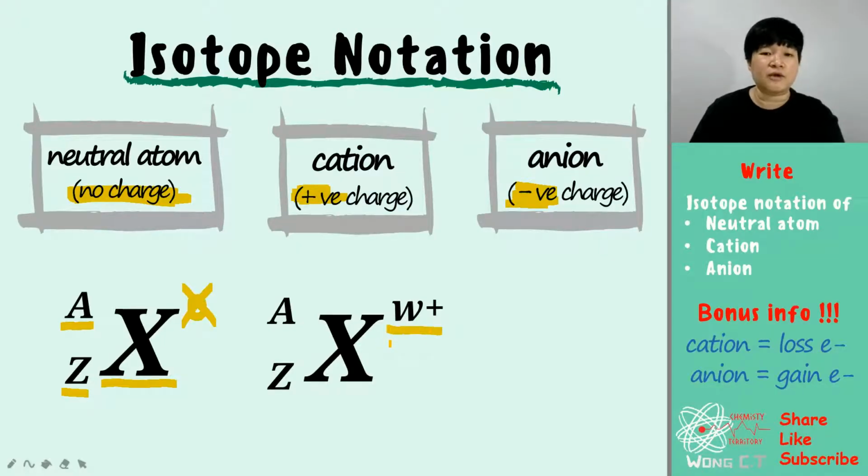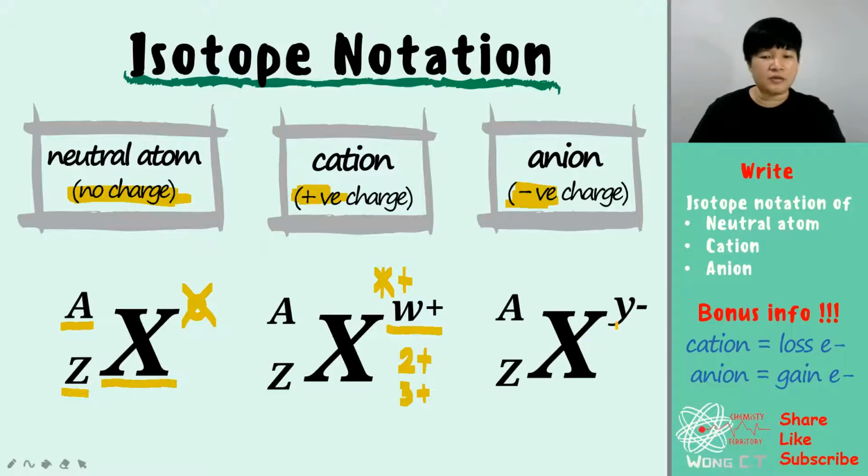The way that we write the charge is the number comes first before the sign, meaning you'll be writing 2 positive, 3 positive. How about 1 positive? If it's 1 positive, then we only write the positive sign. We don't need to write the 1. Let go of the 1, we just write positive, then we know that it's 1.